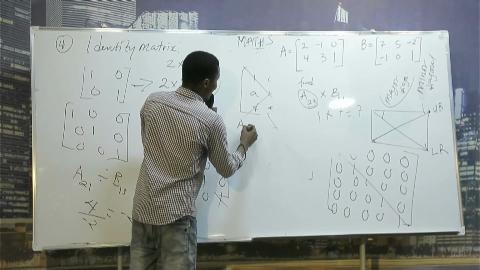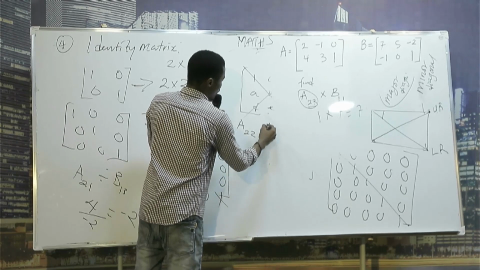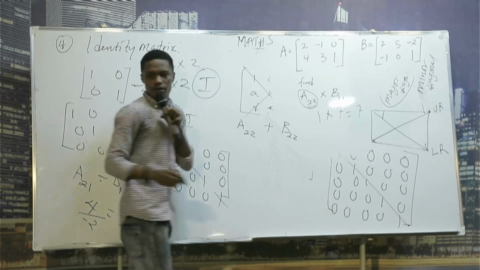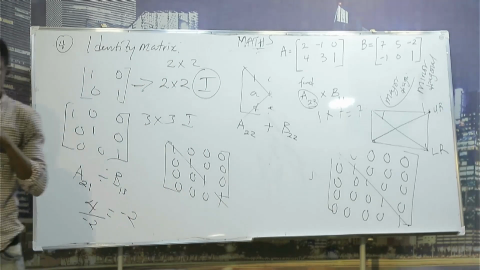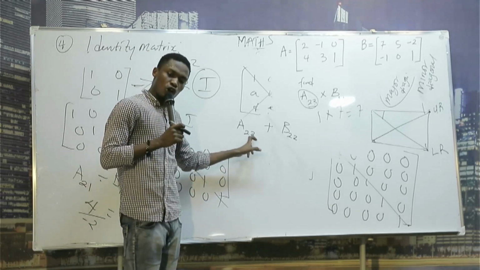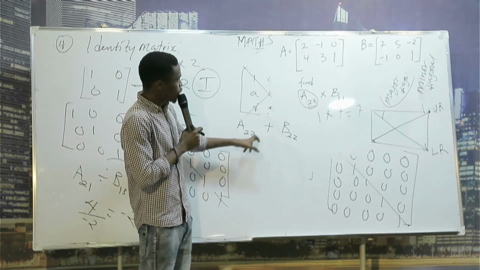Say A22 plus B22. So what is in A row 2 column 2?